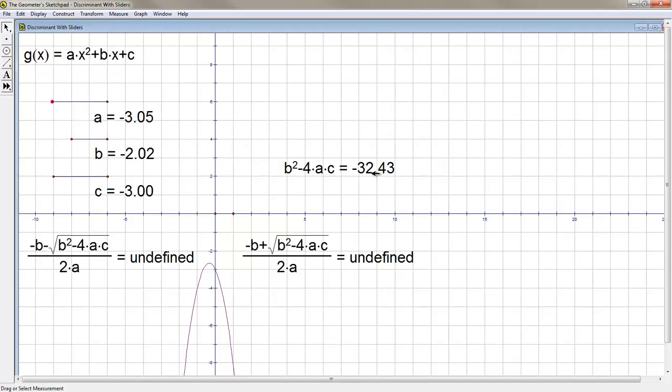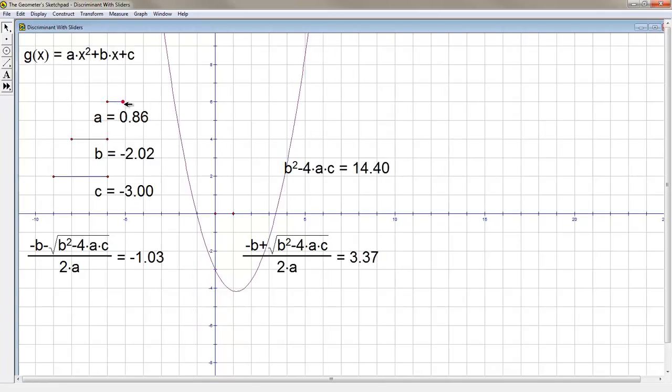So the discriminant value is negative, no real roots, and you see this is undefined. These are the two quadratic values giving you the two roots. See, my roots are at 3, that's that one, and about -1, that one there. Those are my roots. So these two quadratic formulas give me the two roots. This is the discriminant value that would be underneath the root here.